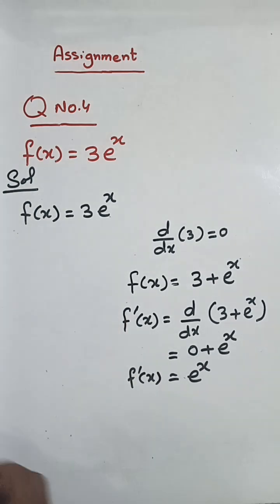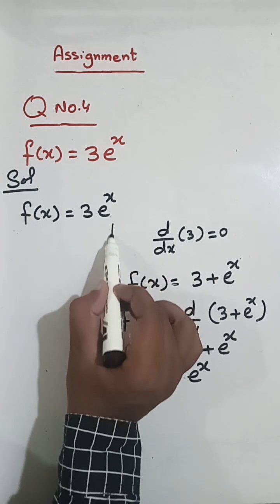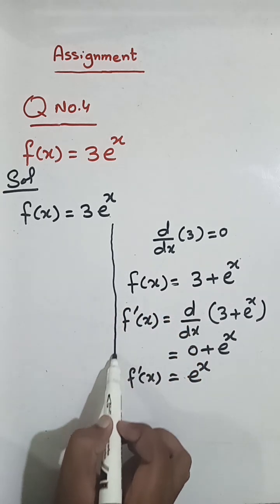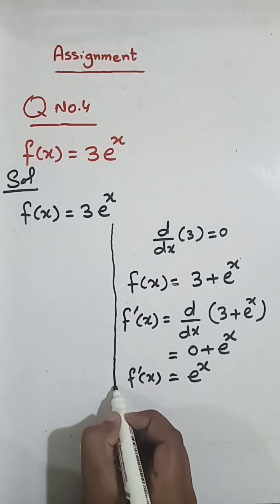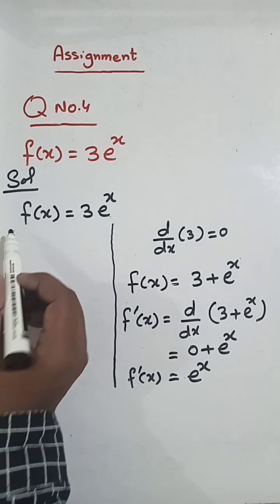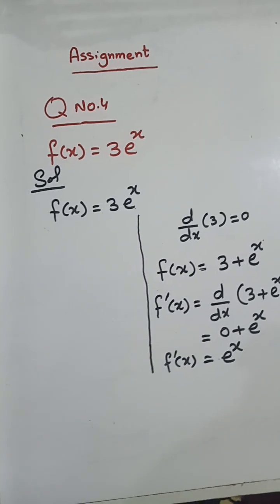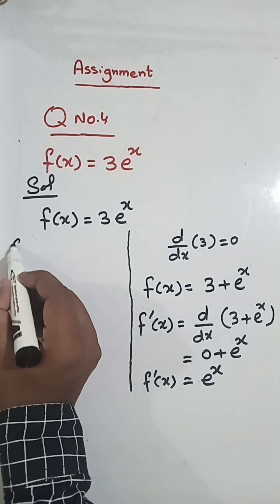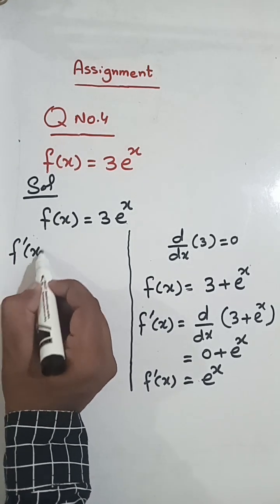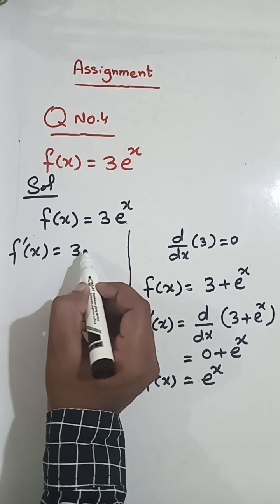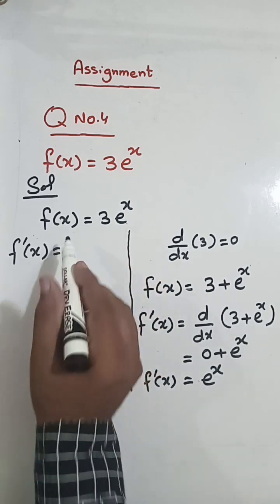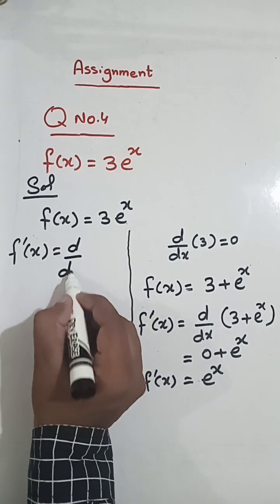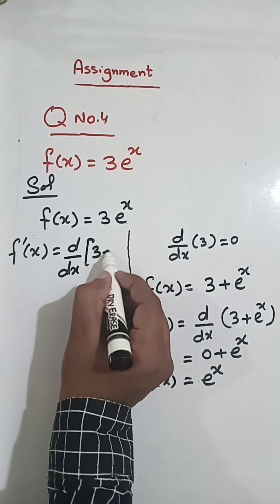Now look at the difference. Here we have, now my brother, f prime x is equal to d by dx of 3 e raised to power x.